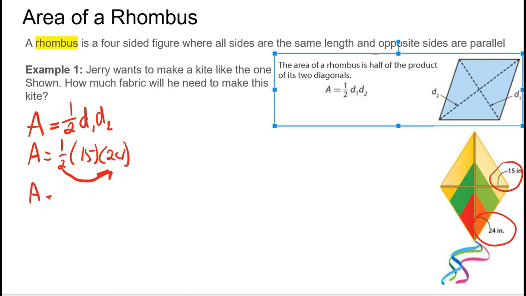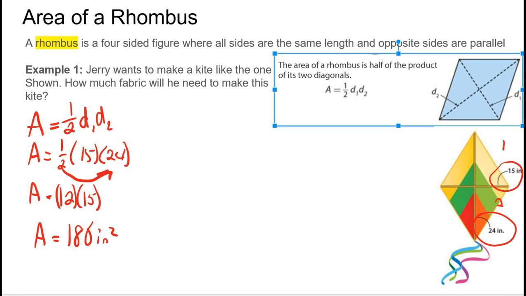So half of 24 is 12 multiplied by 15. And then we just need to find the product of 12 and 15. So we do 12 times 15, which ends up being 180 inches squared. Okay, so we just take our diagonals, diagonal 1 right here, diagonal 2 here, we multiply them, and then we take half of that answer. And that's how we find the area of a rhombus.